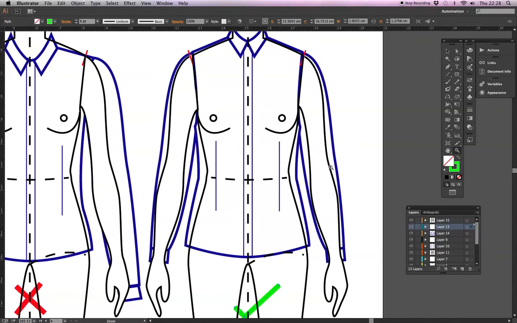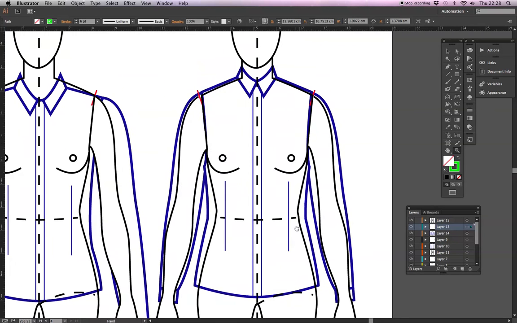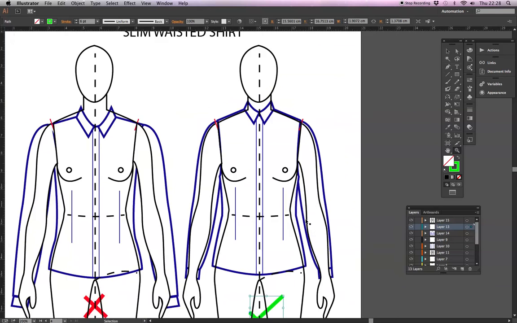And then if we look at our sleeves, they're in the right position, they end at the wrist. One thing to remember is when we make clothes, we don't do the sleeve length to the exact wrist. Sometimes we have it a little bit longer, because if you can imagine, when you lift up your arms, the sleeve will get shorter, so we need a little bit of an allowance there. So on this sketch, I've gone a little bit further past the actual wrist. And that's that.